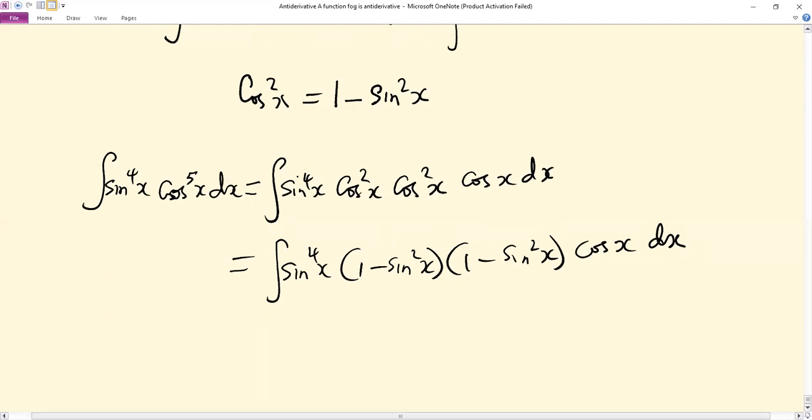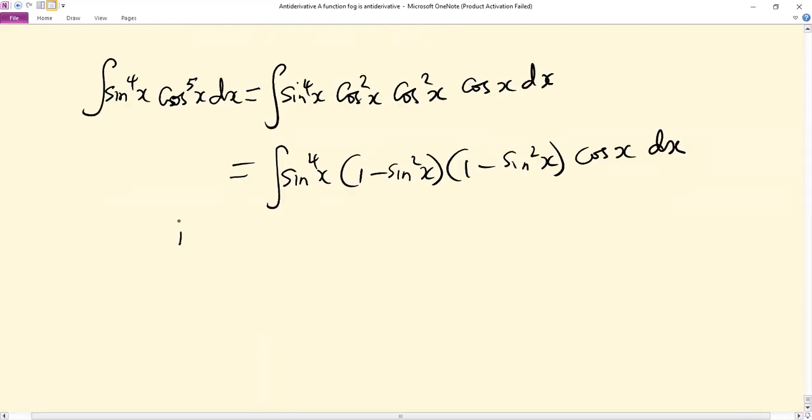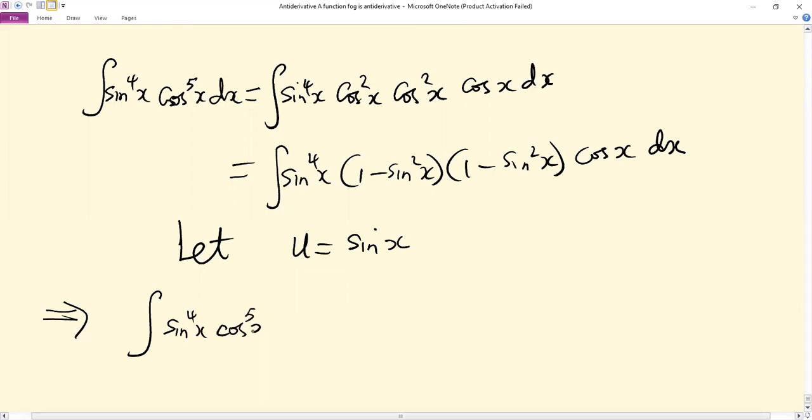Once we have that, you let u be sine x. So which means that our integral of sine power 4x cosine power 5x dx will be the integral. Now sine power 4x, and u is sine x, will be u power 4.